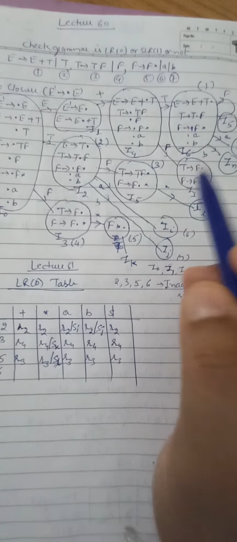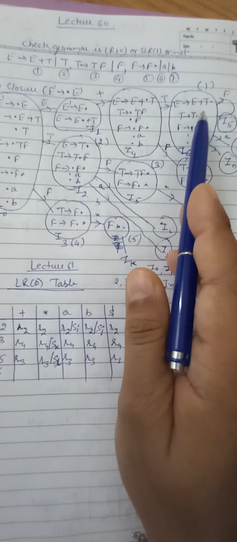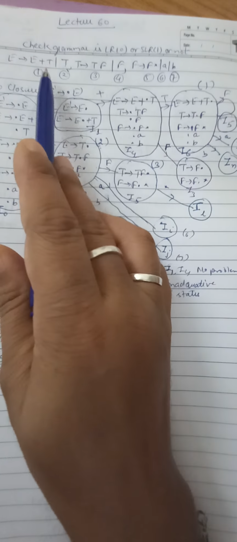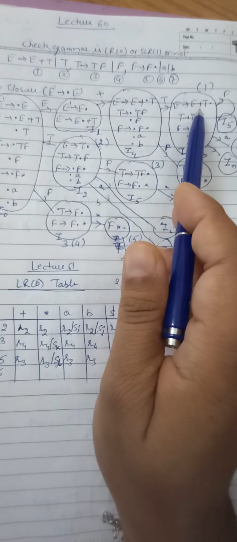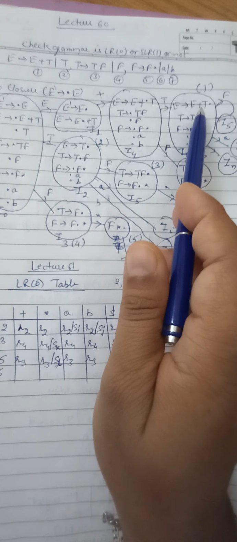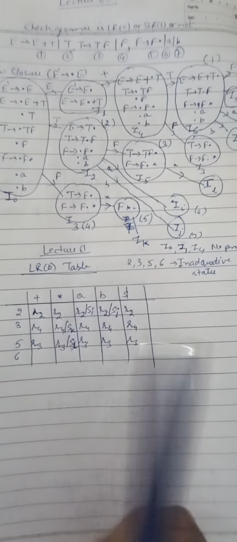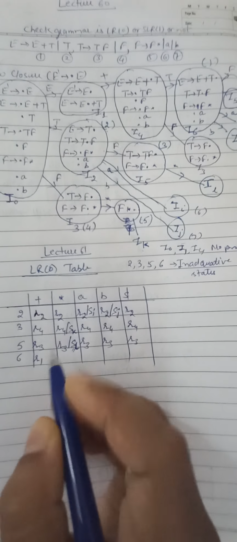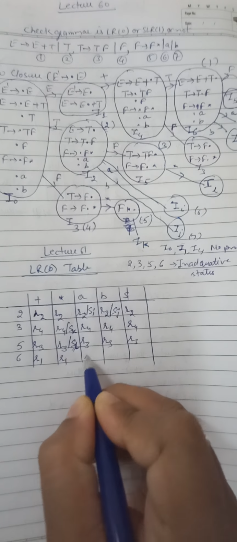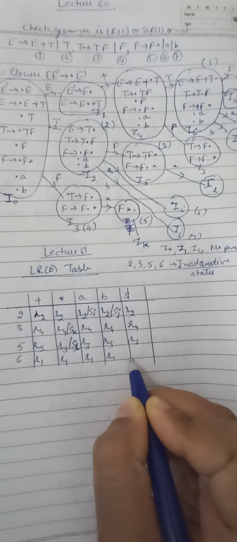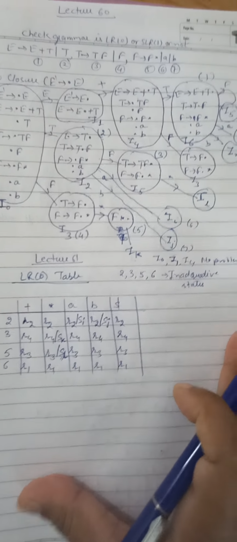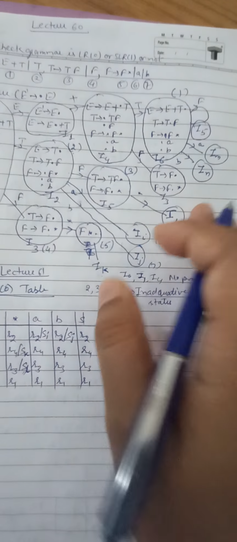Now go to the sixth state. Here the first production, E plus T, is completed, so the reduction is R1. We write R1, R1, R1, R1, R1, R1. Now what is shifting here?